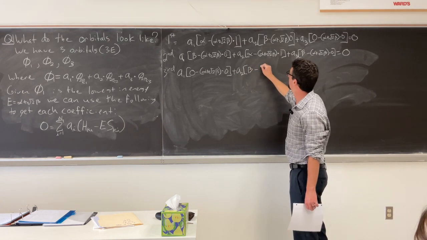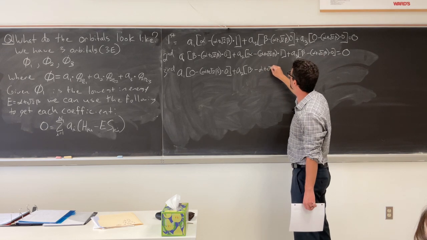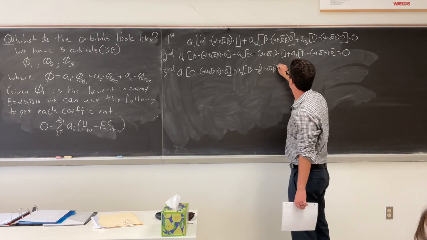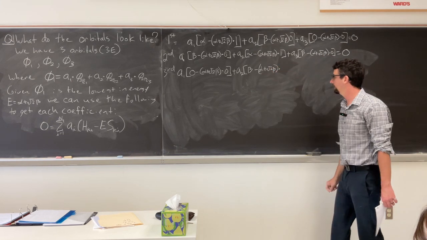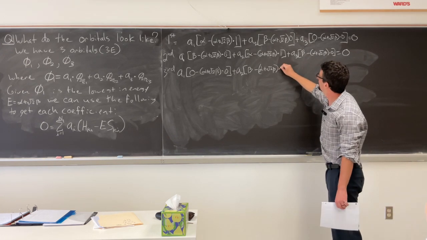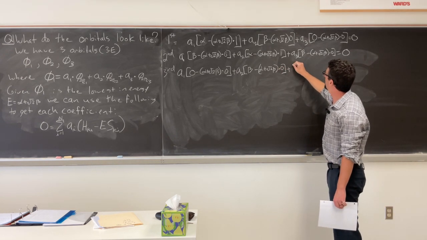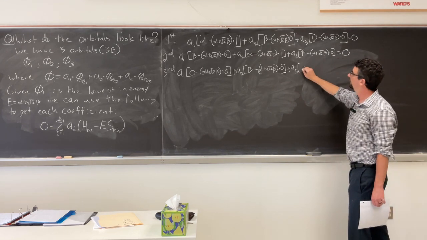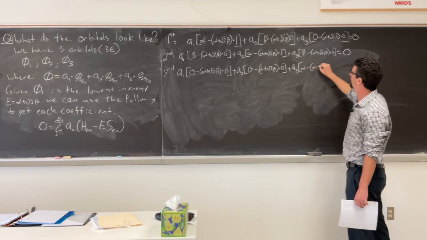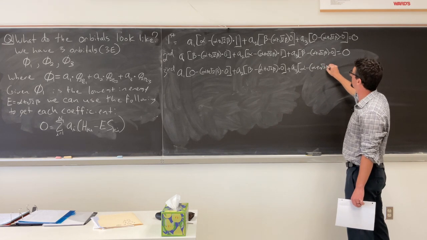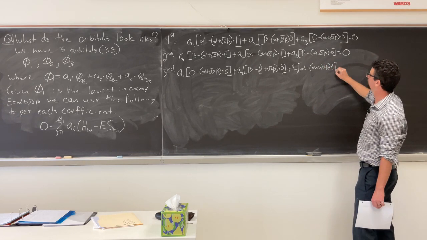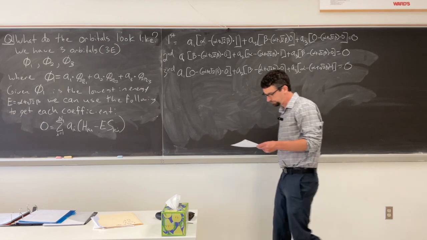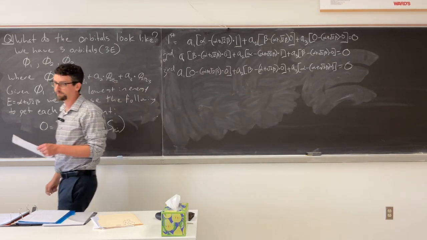Yep, beta minus alpha plus square root of 2 beta times, what's that multiplied by? Yep. And then we got A3. What's it multiplied by? Yep, minus alpha plus square root of 2 beta times what? Yep. Is all equal to 0.